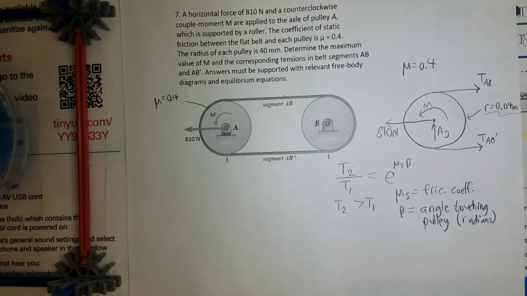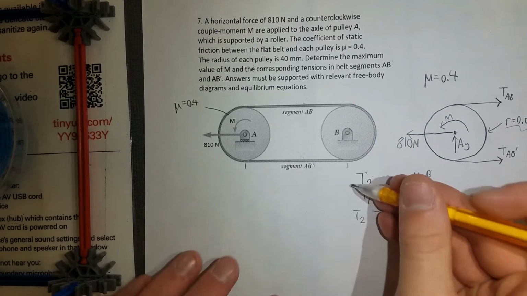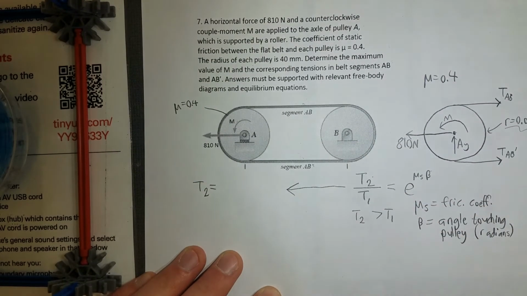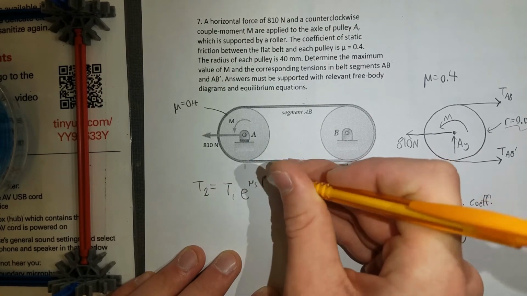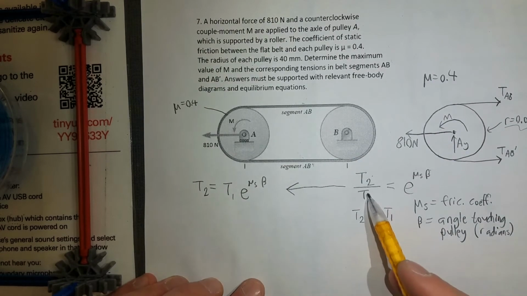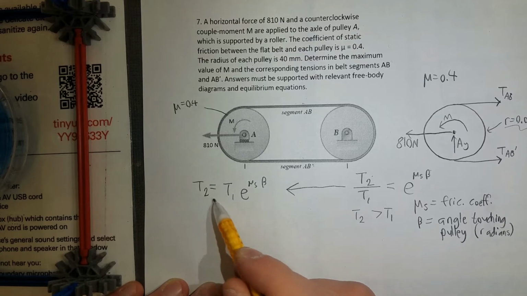We're going to see how this equation really applies to this situation. I'm going to rewrite the equation over here as T2 is equal to T1 times that e to the whatever. You essentially multiply both sides by T1, and that's how you get this equation.